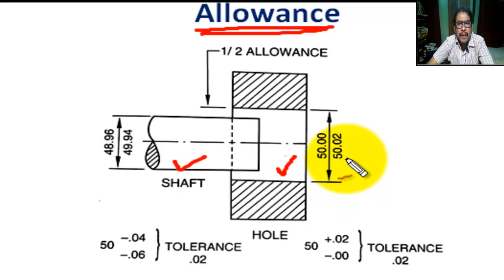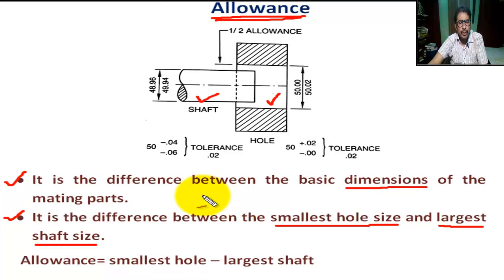For hole, maximum size 50.02, minimum size 50.00. Allowance is the difference between smallest hole size and largest shaft size. Allowance may be positive or negative.